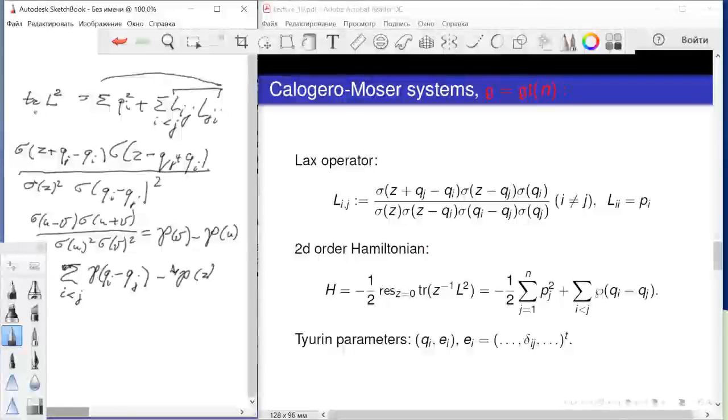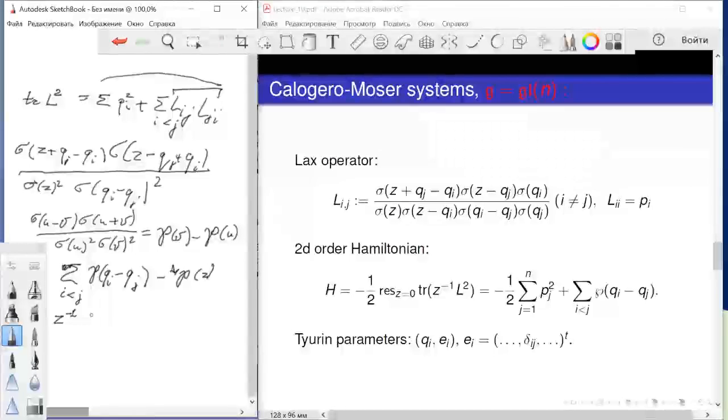We should expand this invariant, or another invariant, in powers of z and take the coefficients. They will give Hamiltonians. Consider the coefficient at z to the minus 1.